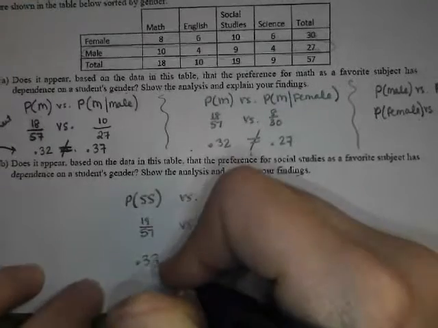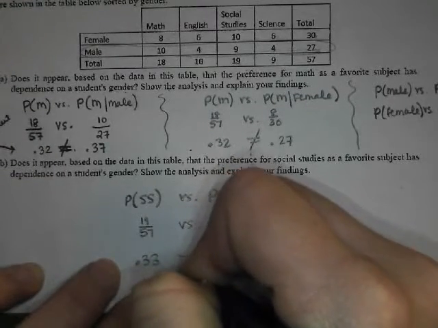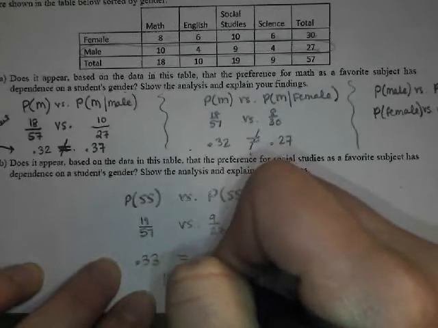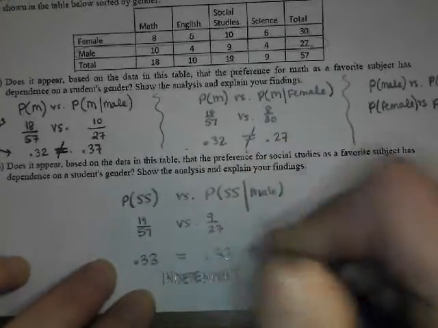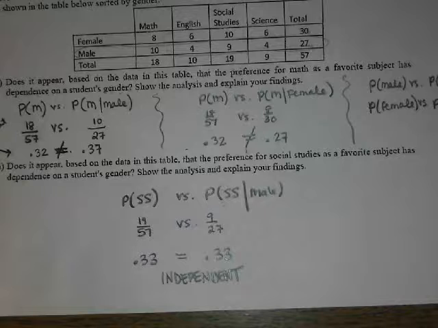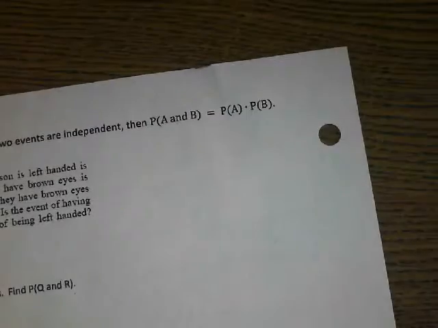So these are independent of each other, because restricting your population to males didn't have any effect on the probability of liking social studies. The probability was the same in both cases, whether you restricted your population to males or not. Follow? Good. All right, flip over.